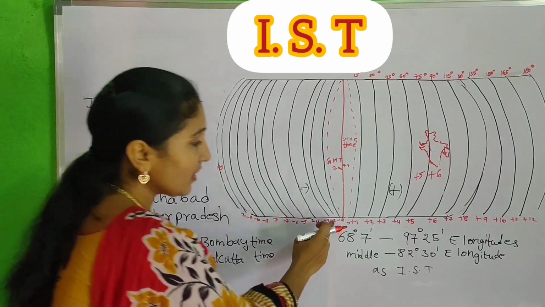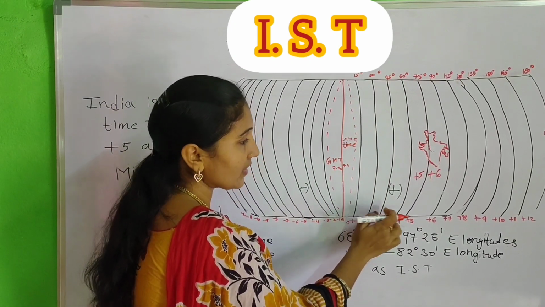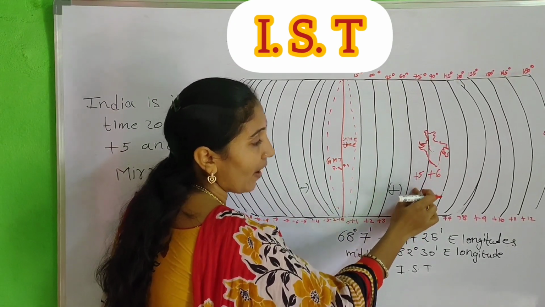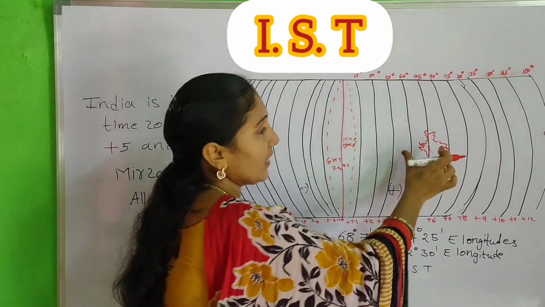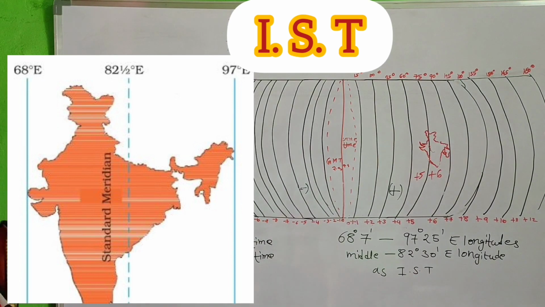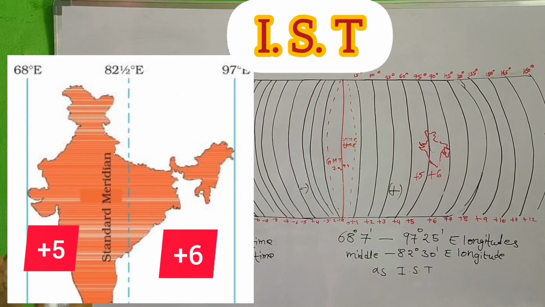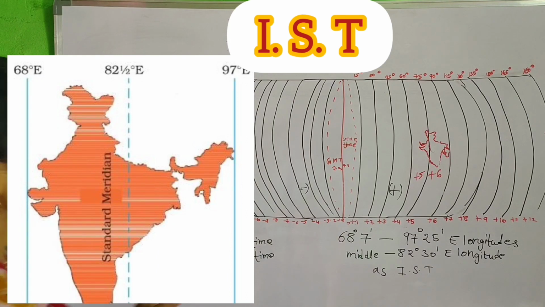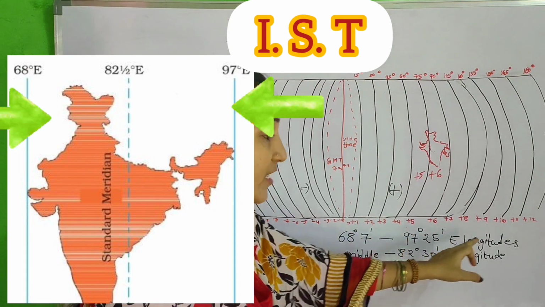When we take from 0 degree longitude, the prime meridian, see 1 hour, 2 hours, 3, 4, 5, 6 hours. When we talk only regarding India, you can see on the map that India is lying in between the +5 zone and +6 zone. So till that 5.5, they took the middle, between 68 degrees 7 minutes and 97 degrees 25 east longitude.